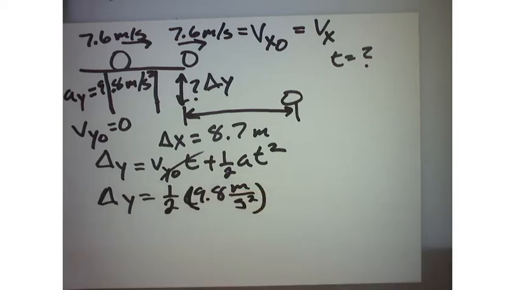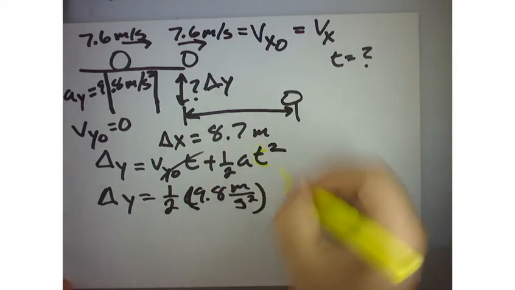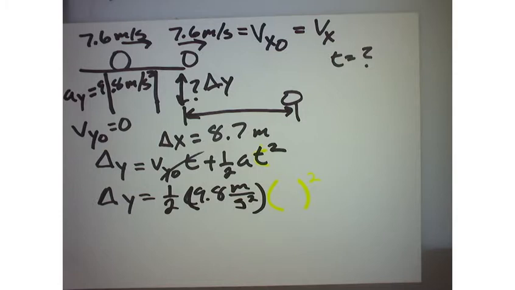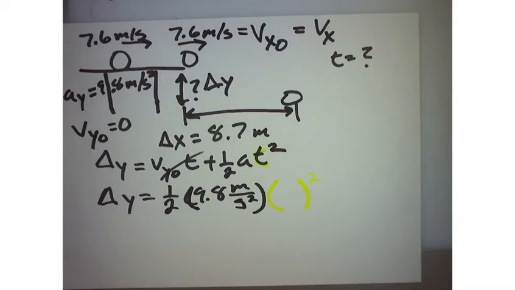If I figure out what the time is, I'll plug it in right here and square it. How do I find the time? I got a lot of information about the x direction. Maybe there's a different equation I can use for delta x.